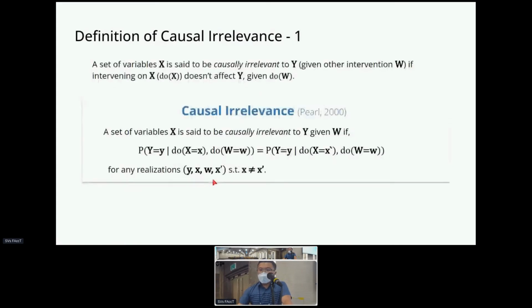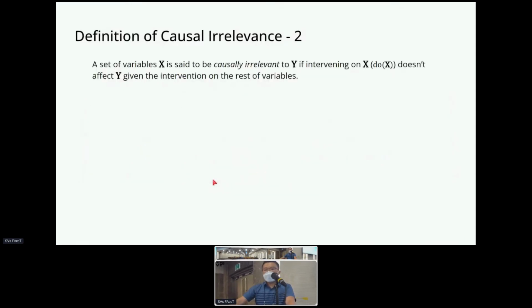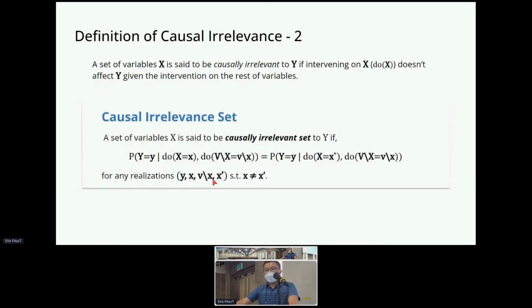Oh, and this causal irrelevance is defined in terms of w. So without w, we can say that x is a causally irrelevant set to y if, given intervention on the rest of the variables, intervening on x doesn't change y.